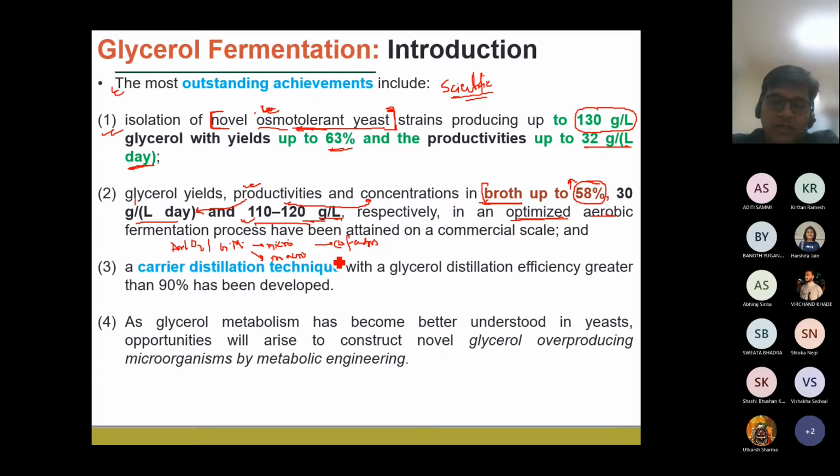So the concentration at which they are added, and which micronutrients should be added, need to be optimized. Okay, and only then can we obtain this very high concentration of your final product.